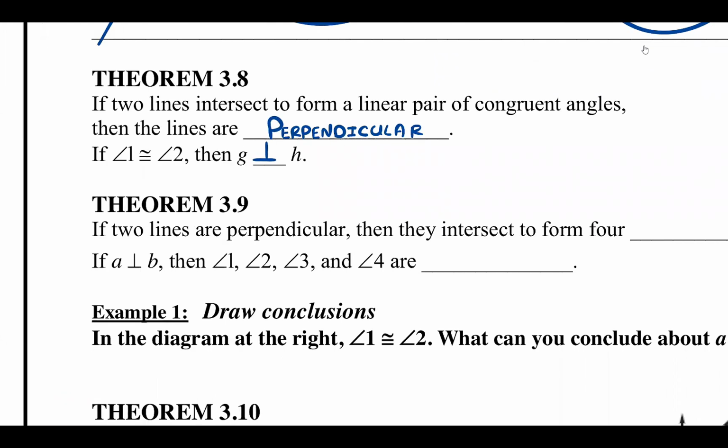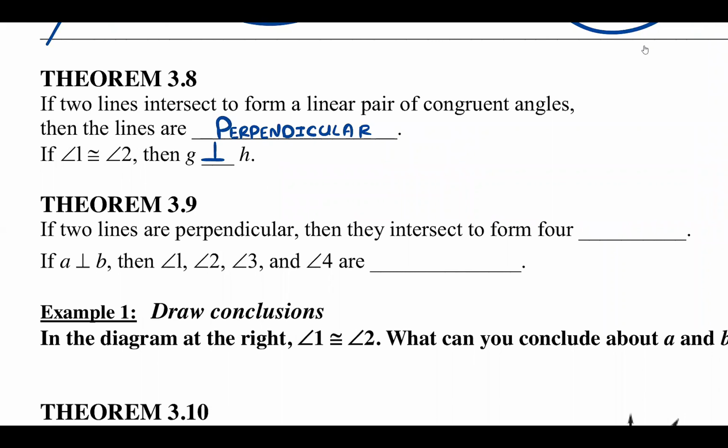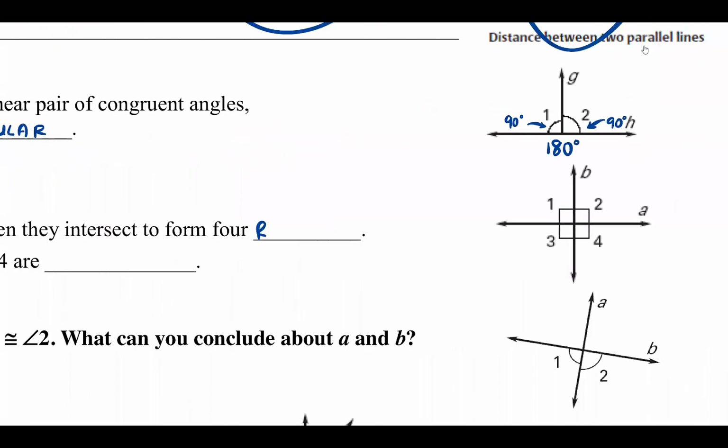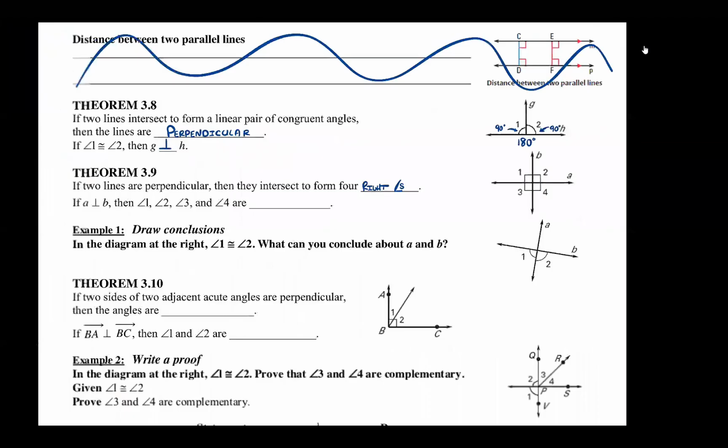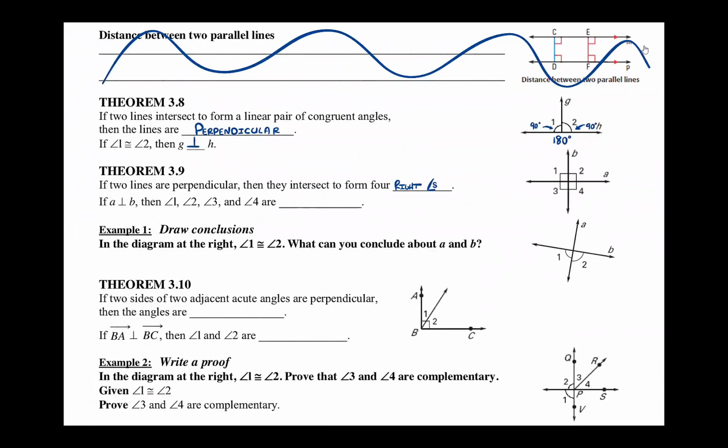If two lines are perpendicular, they intersect to form 4 right angles. What's the measure of a right angle? 90 degrees. So therefore, if A is perpendicular to B, angles 1, 2, 3, and 4 are all what?